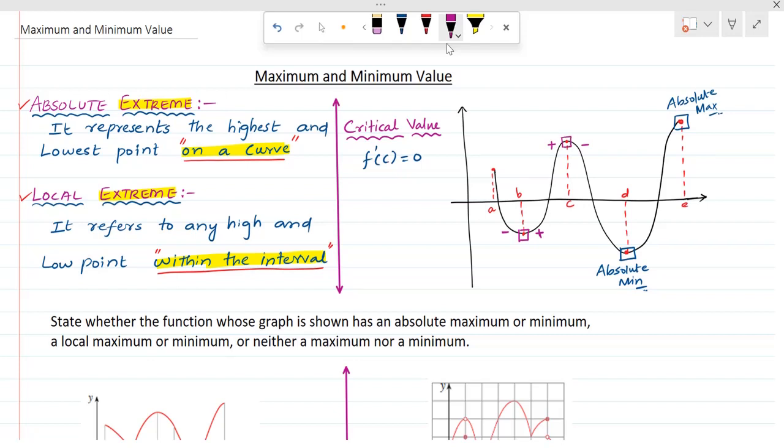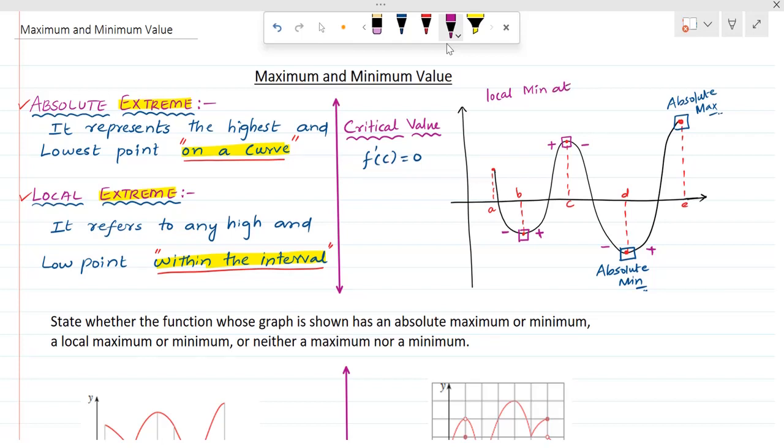Similarly here also, if you see, negative and then positive. So I will write it here: local minimum at, what are the points?